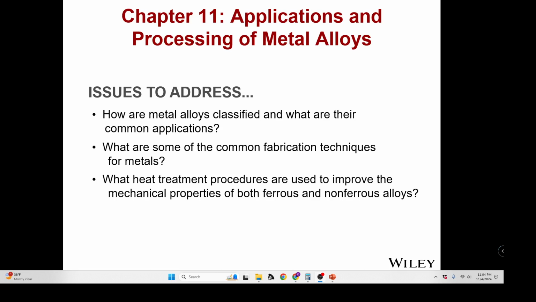What are some of the common fabrication techniques? How does all of this work? What are some of the heat treatment processes? How do we improve the mechanical properties of ferrous and non-ferrous alloys? How does all of this work together, especially if it's supposed to work together for the good of all the materials here?